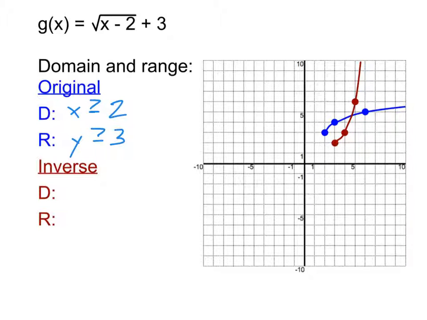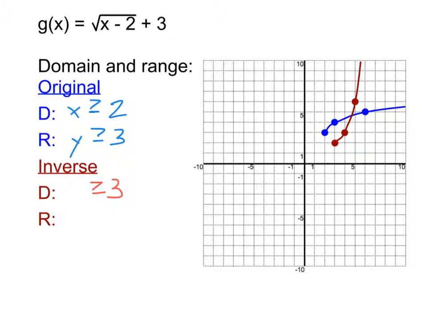Now I could get the inverse by going over and looking at my graph the same way, but I'm not going to, because that requires just 10% more thought than my other method, which is just to switch the domain and range of my original to get the domain and range of the inverse. So my inverse domain is going to be x greater than or equal to 3.